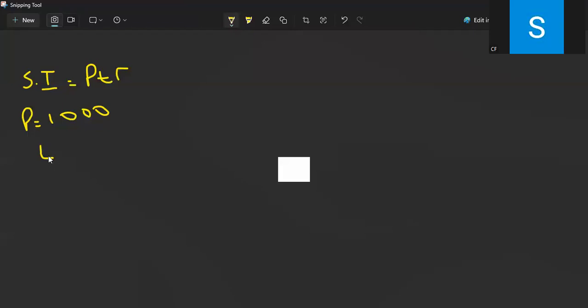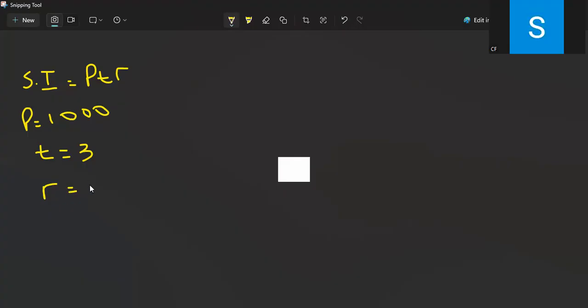If you have 3 months, divide over 12; 3 weeks over 52; 3 days over 365. And our interest rate, for instance, is 10%.